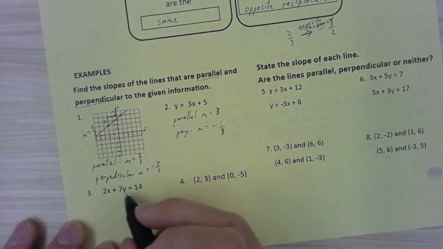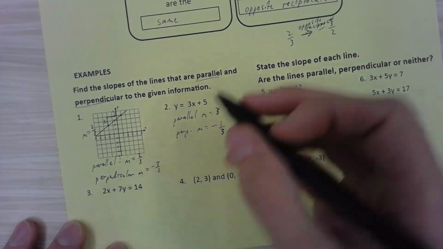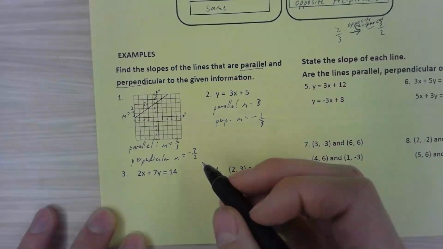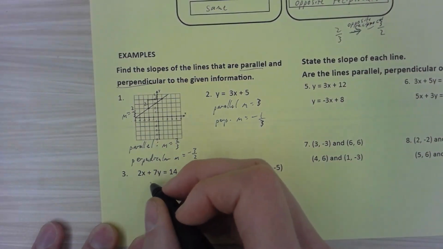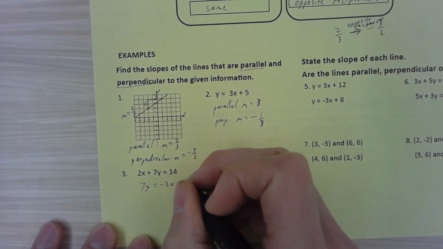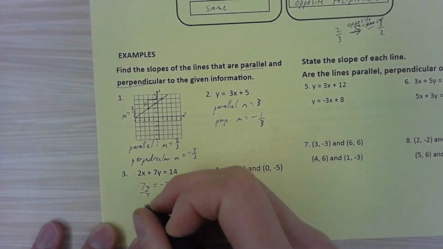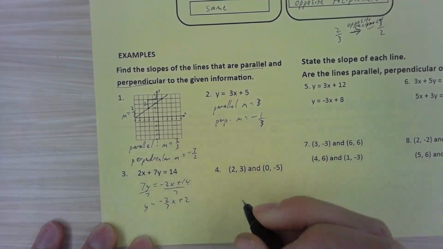For this one, in order to find the slope, we first have to get y by itself, like we did up here. Subtract 2x. So 7y equals -2x plus 14. Divide by 7. y equals -2/7 x plus 2.